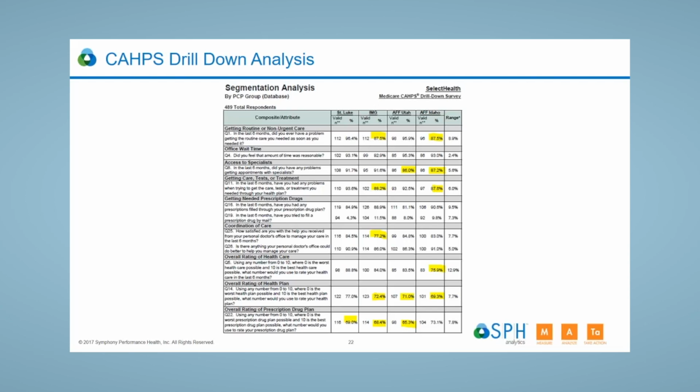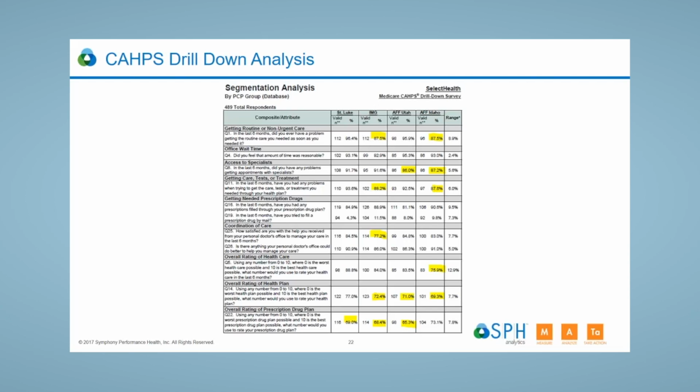Some of them were a little bit more of a surprise, in that we had more access to specialist issues from affiliate clinics. Getting routine care, we were a little surprised that the Intermountain Medical Group had more of a problem than the Utah affiliated doctors had.